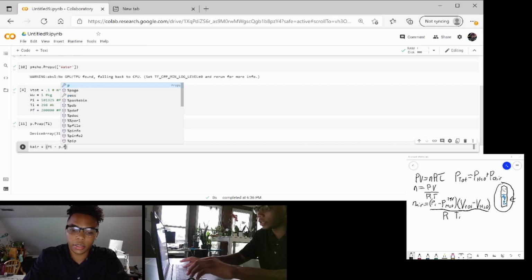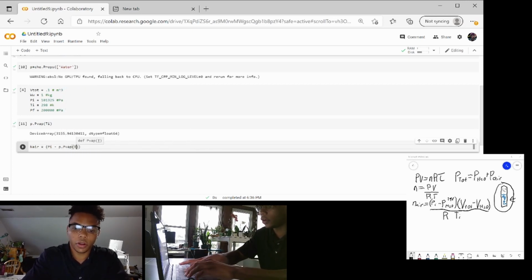So P.PVAP of our initial temperature, we should probably add quotations, multiplied by our total volume minus the volume of water.